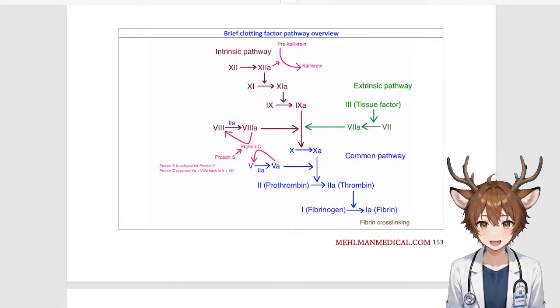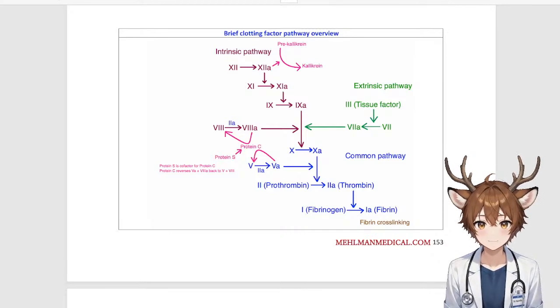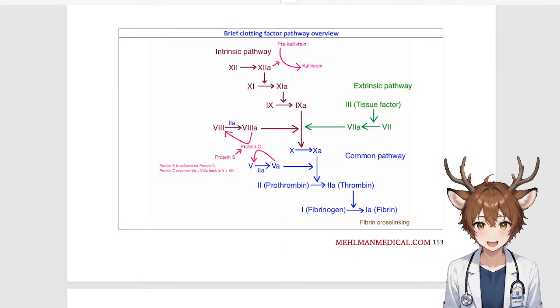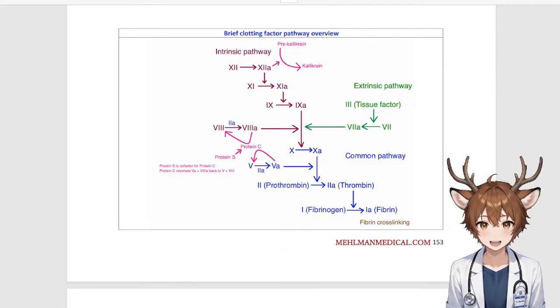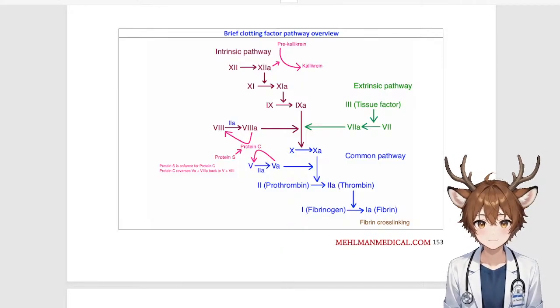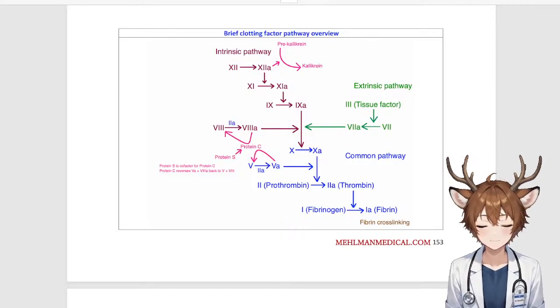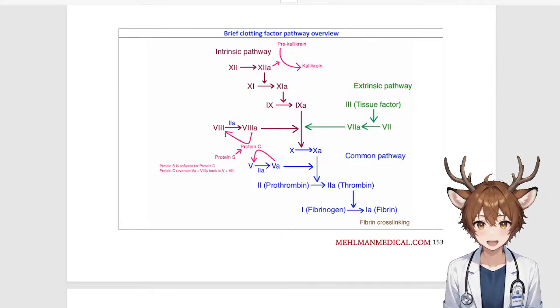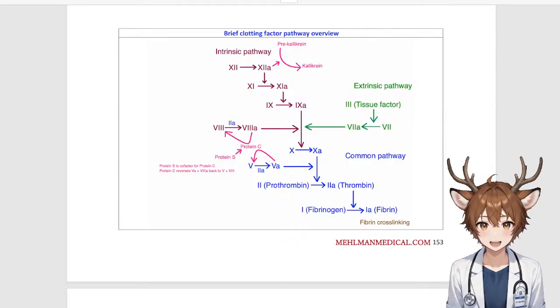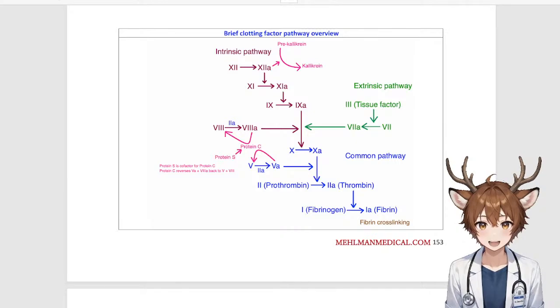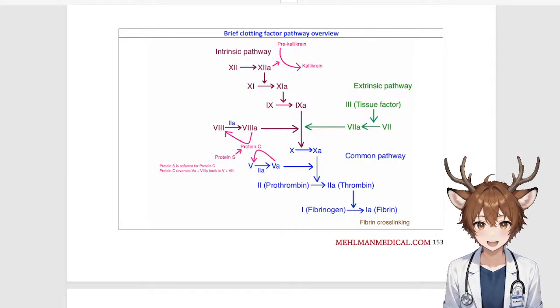Now, there's another pathway called the extrinsic pathway, which is shorter and less complicated. Tissue factor, or factor 3, helps convert 7 to 7A, and then 7A helps convert 9A to, depending on the situation, 9A helps convert 10 to 10A, assisted by, I guess, they're showing 7A, or you're going to have something like 8A involved to help convert the 10 to 10A.